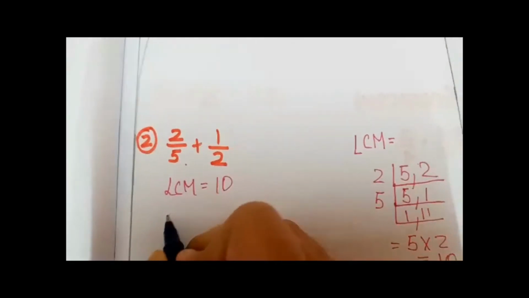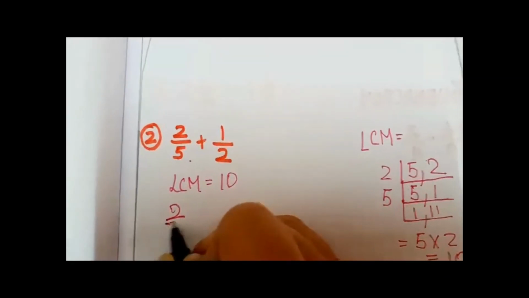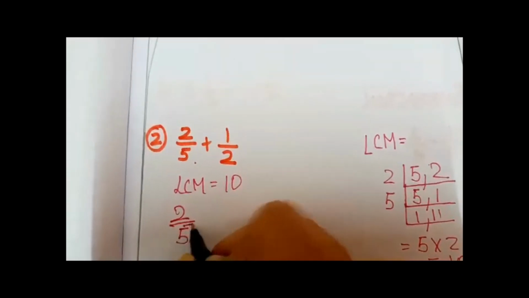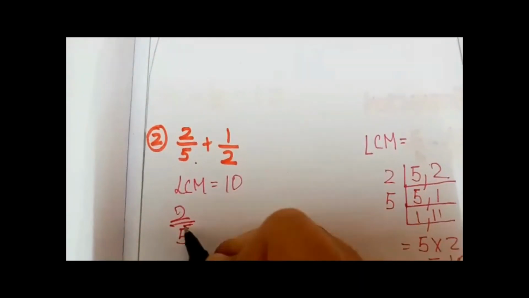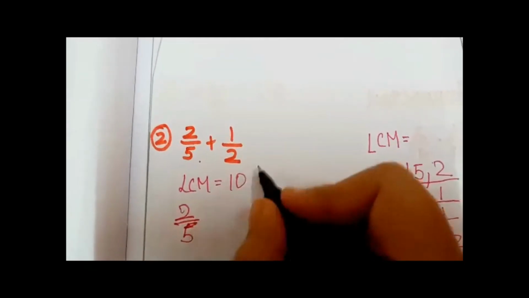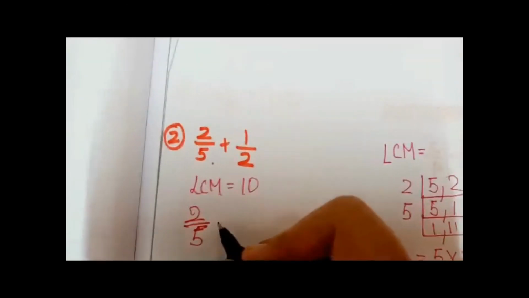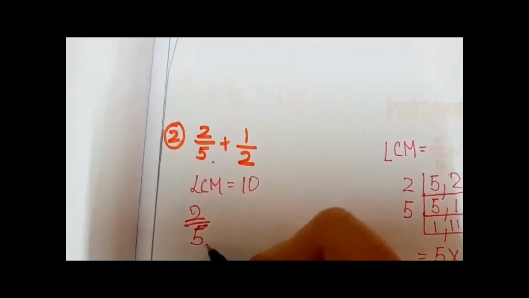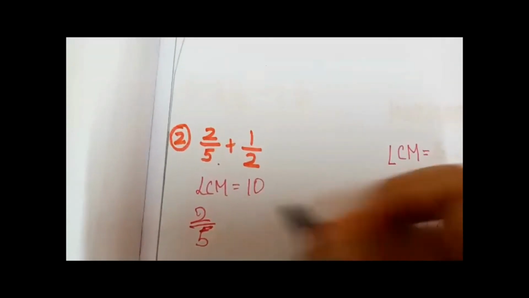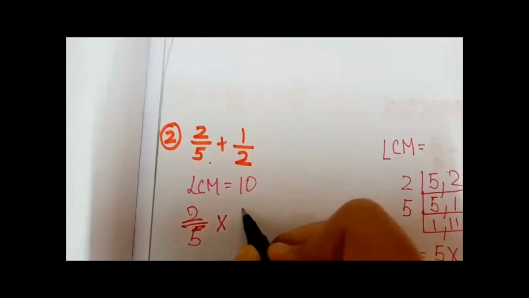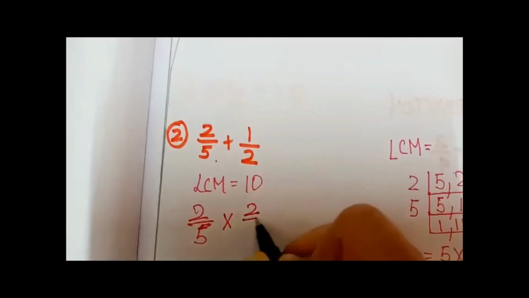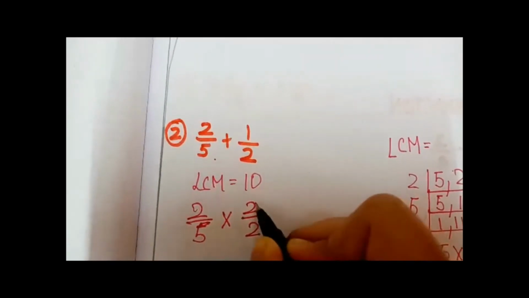How to convert? First write the first fraction. 2 by 5. Now as I said, we have to convert the denominator into 10. So we'll be multiplying a number with the denominator. So we get 10, which is 2. Remember, what we multiply with the denominator should also be multiplied with the numerator.